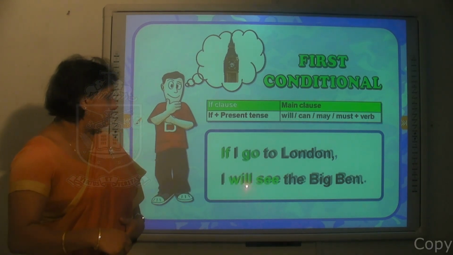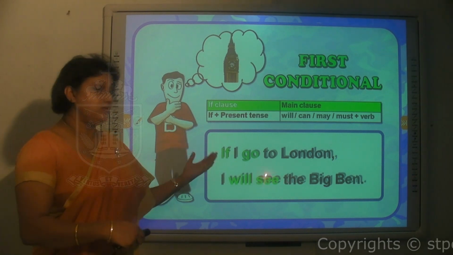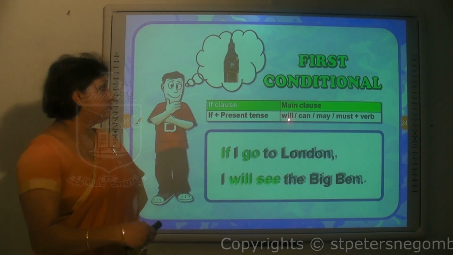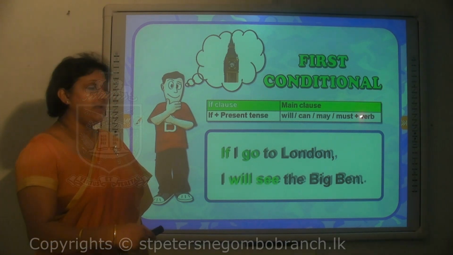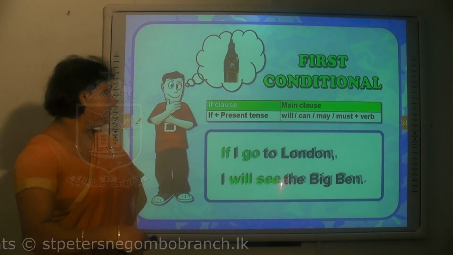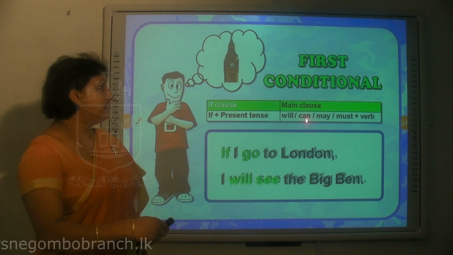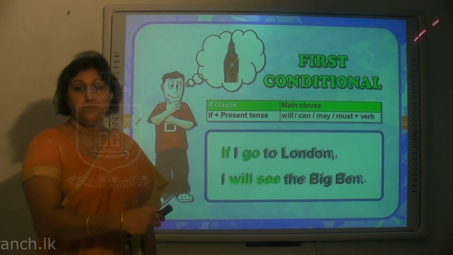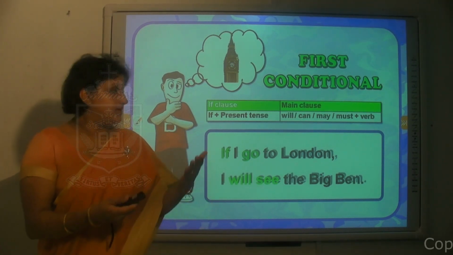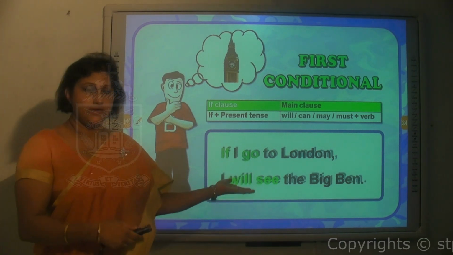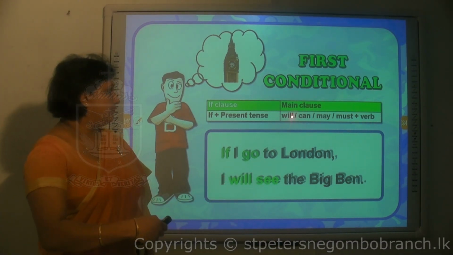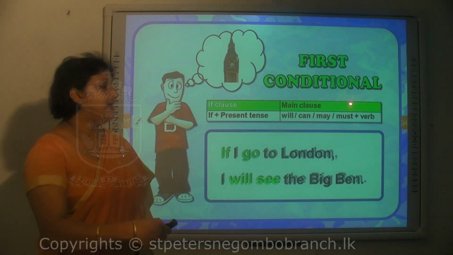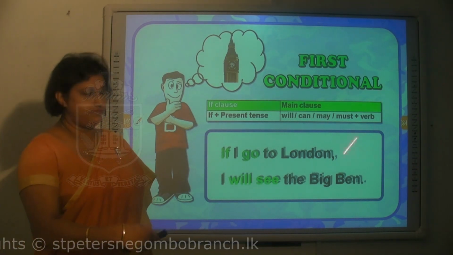Here I have given will see. So other than will see, we can use will, can, may, must plus the verb. So here we can say will see, can see, may see, must see, whatever according to the meaning of the sentence. You can use whichever words from this list: will, can, may and must plus the verb.